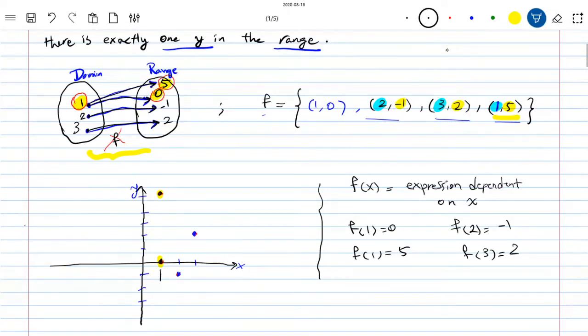Do I discuss this point to have y value of 0, or do I discuss this point to have y value of 5? So to avoid this, again, we erase one of the points and say, okay, now this is a representation of a function. You can erase 1, 0 and say we're going to keep 1, 5. Okay, it's all depending on which case you want to deal with.